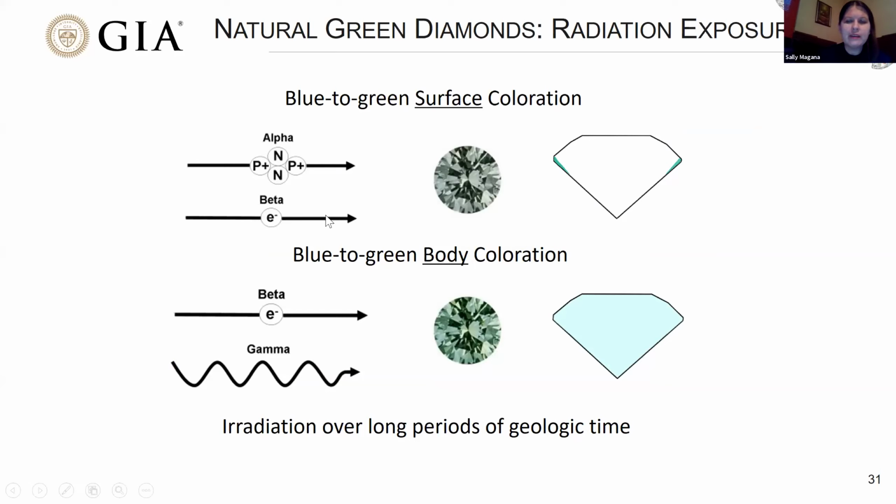In order to get body coloration, you have to have beta or gamma radiation that penetrates deeply into the stone so that it's able to survive that faceting process. The vast majority of stones that have some sort of surface coloration, it is only present on the rough surface and cannot be seen after faceting.